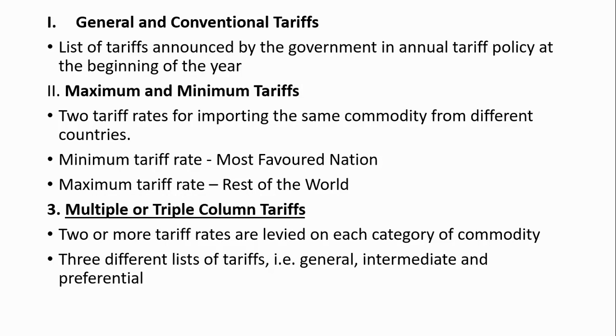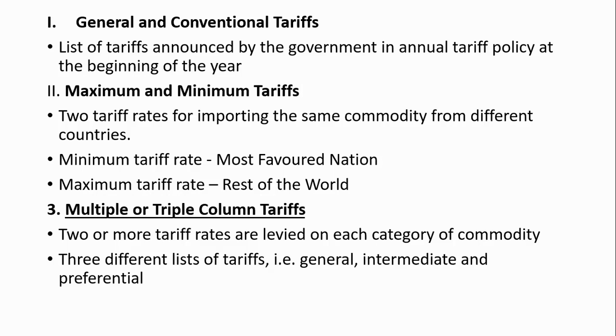Then the next one is maximum and minimum tariff. Under this, the government usually fixes two tax rates for importing the same commodity from different countries. Maximum tariff is imposed on imports of commodities from countries with which a treaty is not signed.